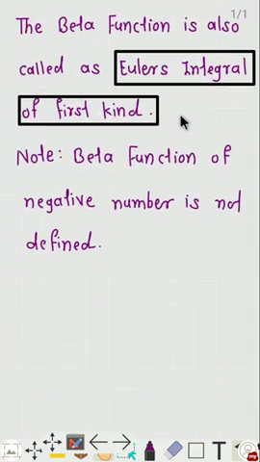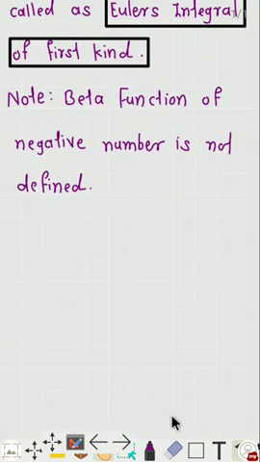Now we write one note about this beta function: note that the beta function of a negative number is not defined. Next we try to prove some properties of the beta function.